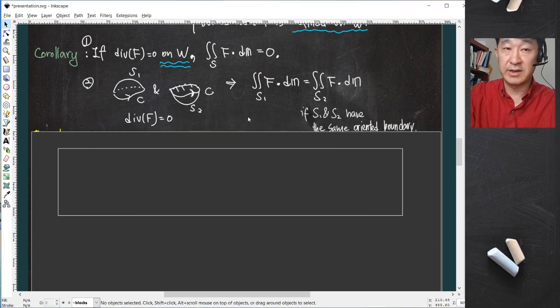I wrote it here. Let me write it there. So let's look at it in slightly different order. If you have a curve, it doesn't matter what kind of surface you put in there, the surface integral will be the same.